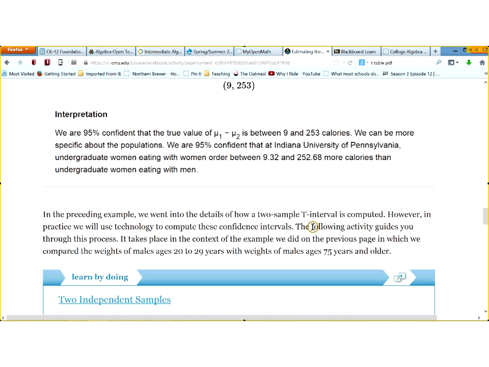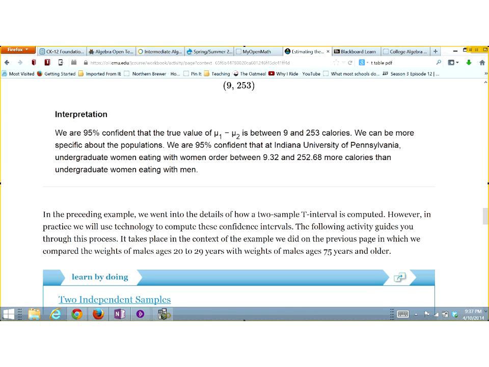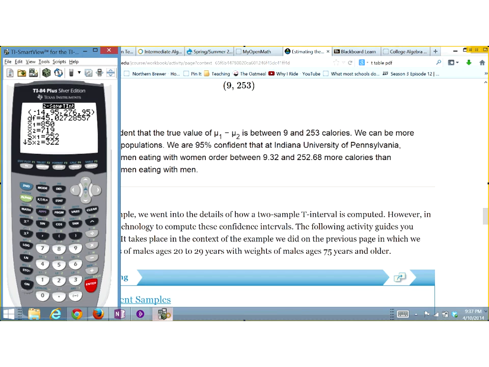So I would change this to, and let's bring up my calculator because I actually want to use those numbers anyway, since it's supposed to be 95% confidence. I'd round it to the nearest calorie because that's more than accurate enough. I would say we can be 95% confident that at Indiana University of Pennsylvania, undergraduate women eating with women order, on average, between 15 calories less and 277 calories more than the average of women who are eating with men.